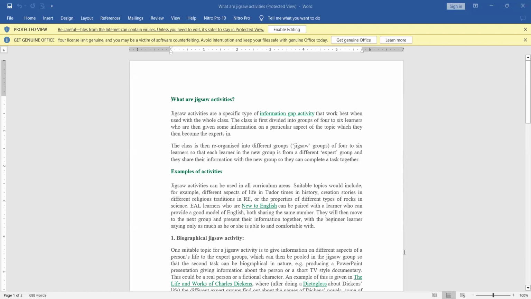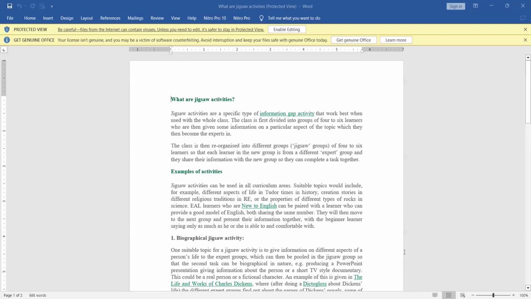Suppose in a group you have 3 people, A, B, and C. What A knows, B and C don't know. What B knows, A and C don't know. What C knows, A and B do not know about that piece of information. So you create an information gap between and among the group members.